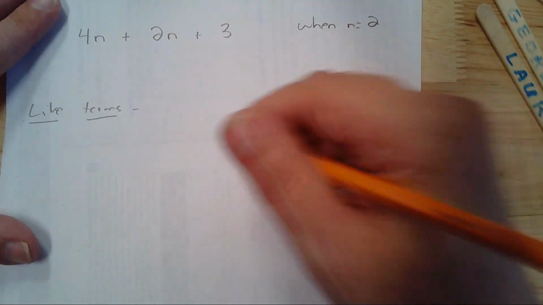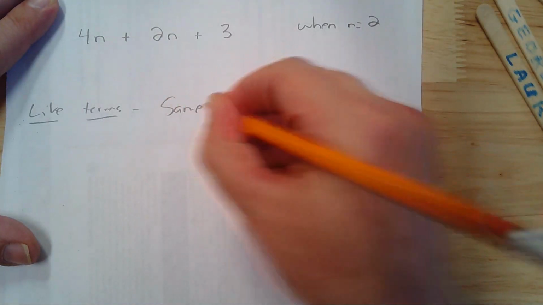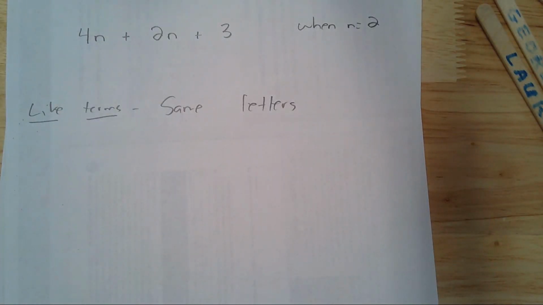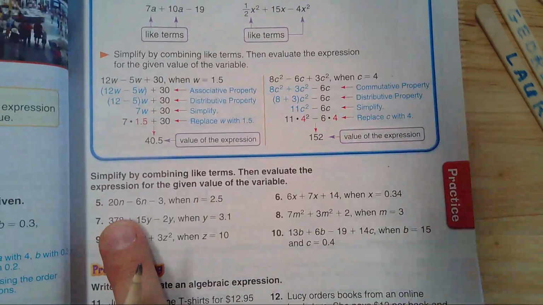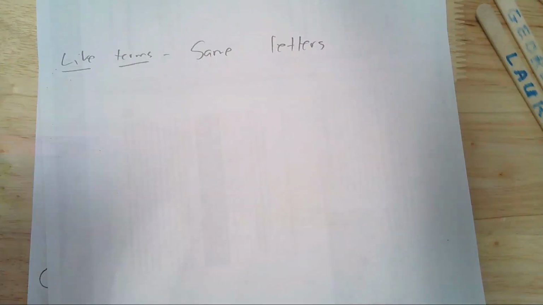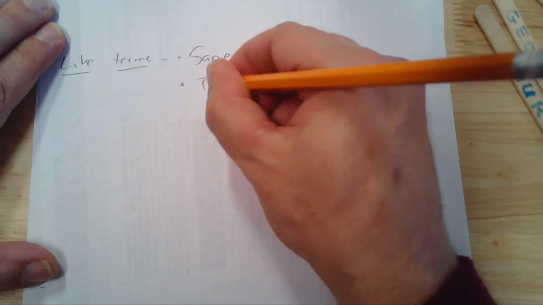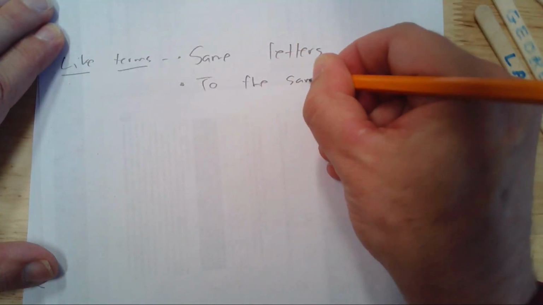Like terms are same letters. That's one of the things. Same letters, again, variable parts. When I asked, nobody could tell me that one. It's the same letter: n, x, m. But on top of that, it also has to be to the same power.